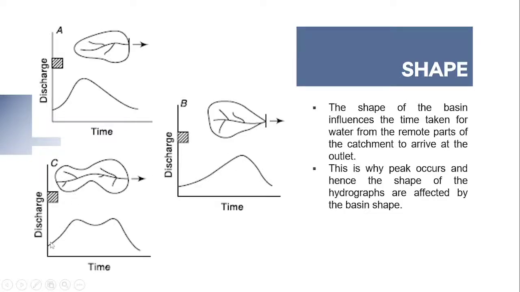Then lastly, figure C indicates the complex hydrograph produced by a composite shape. So, as I've mentioned earlier, we don't always encounter a simple hydrograph because storms have different characteristics, depending on how they occur. So, figure C happens when two storms occur simultaneously.